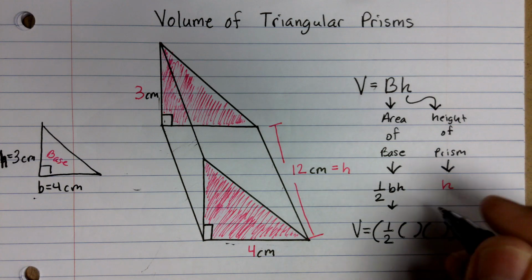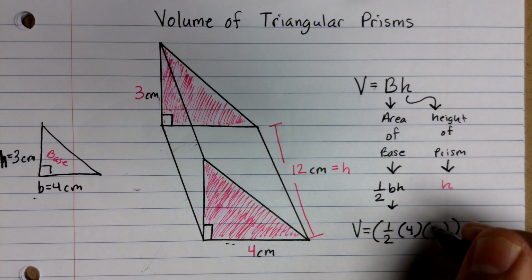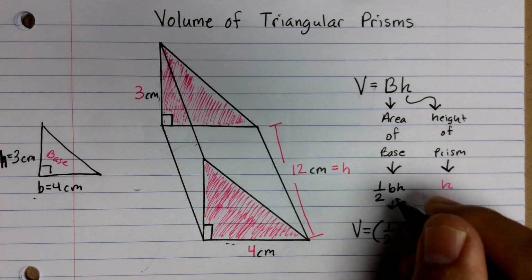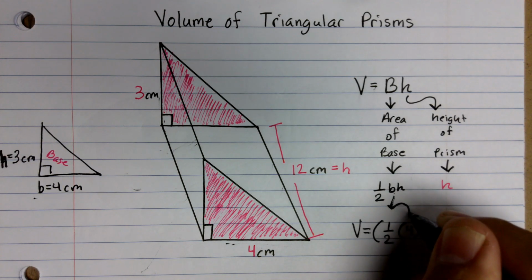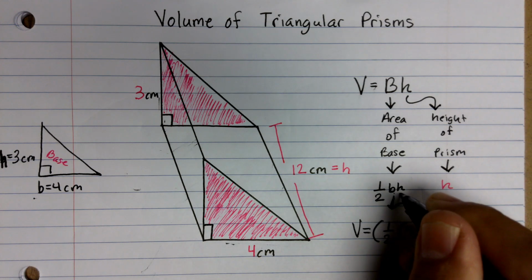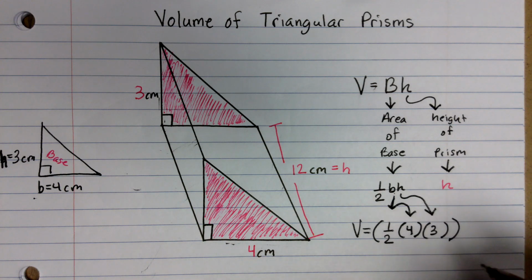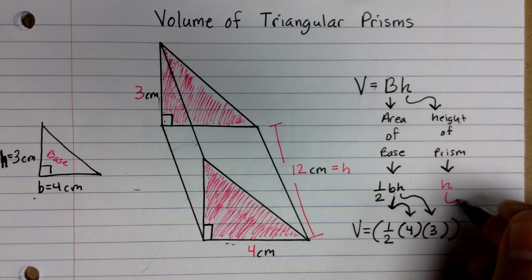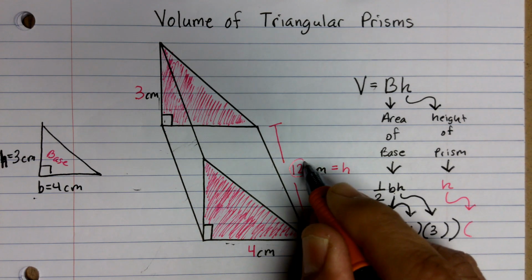Our base is 4, and our height is 3. So in other words, that B right there is being substituted right here, and that little h, the height of that triangle, is 3. But then we need the height of our prism. So the height of our prism is going to be 12.